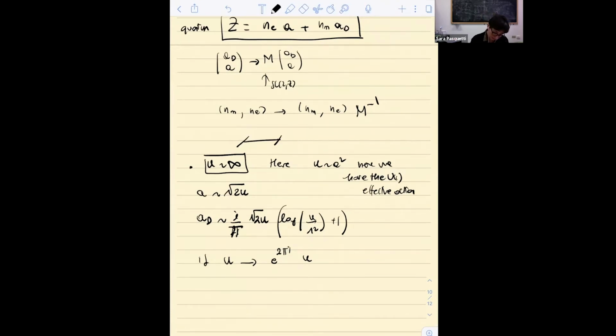A is going to flip sign, and A dual, because of the log, is also shifting. So it will become minus A dual and also shift by 2A, as you can see, because you have U in the argument of the log.